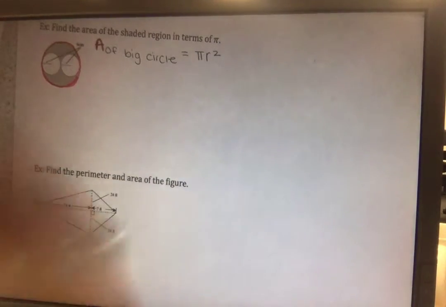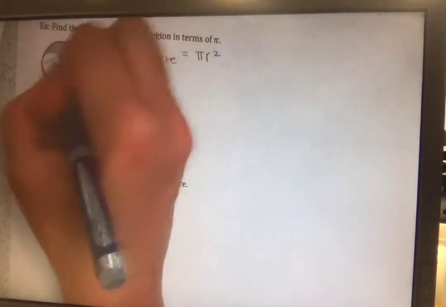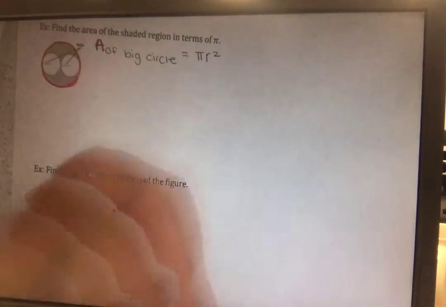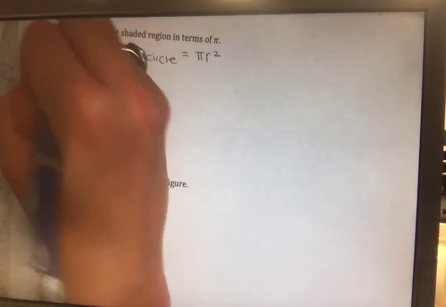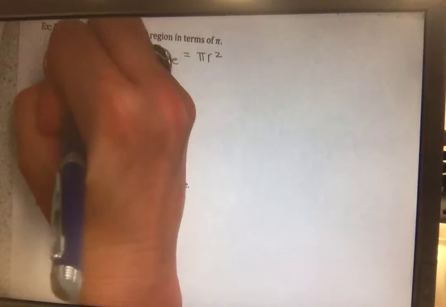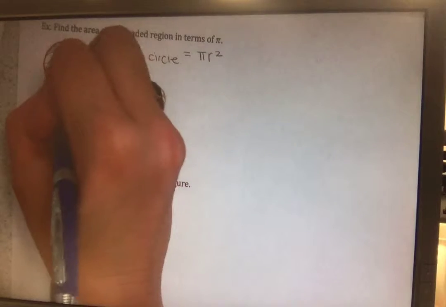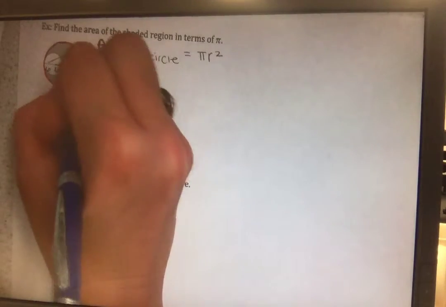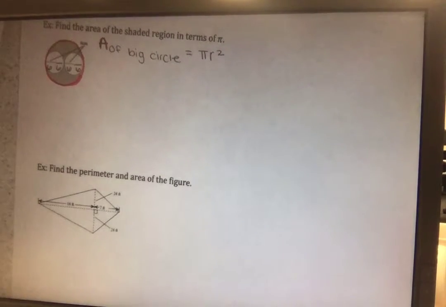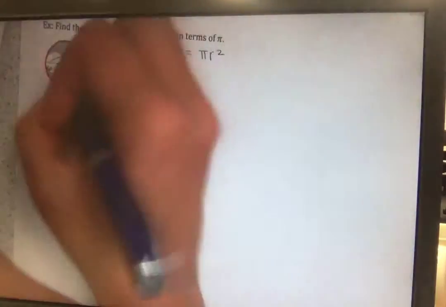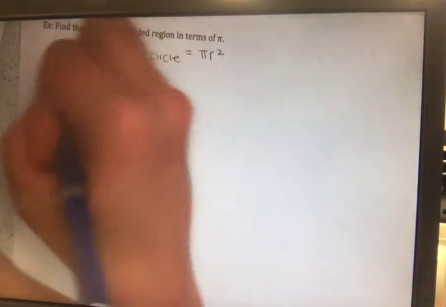So looking at this, I can see that if our radius for the little circle is 6, so it would be 6, 6, 6, and then another 6. So then half of the big circle would be the diameter of a little circle. So our radius of the big circle should be 12.